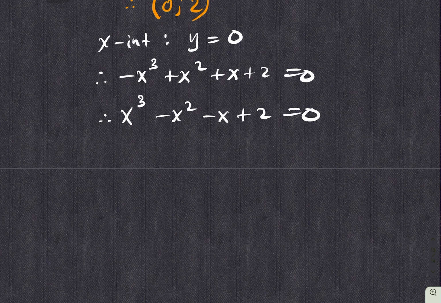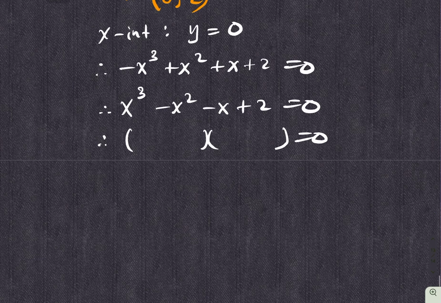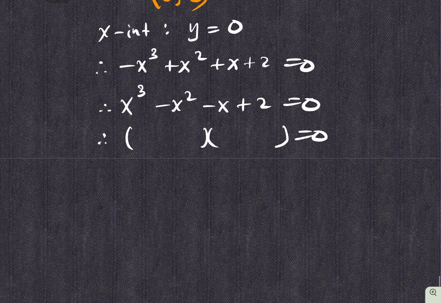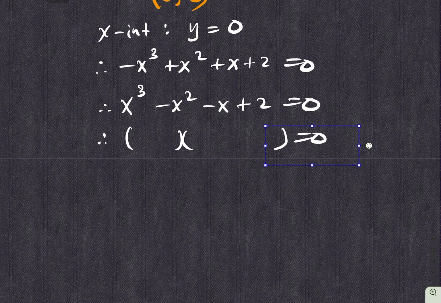You can factorize this by inspection. Let me check. When x is 2, this is really going to be 0. So the factor is (x minus 2).